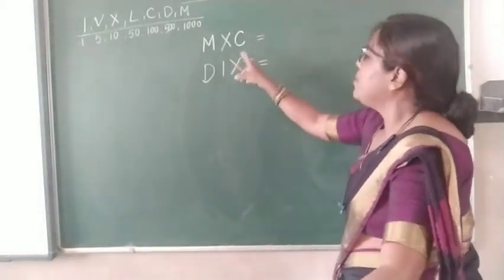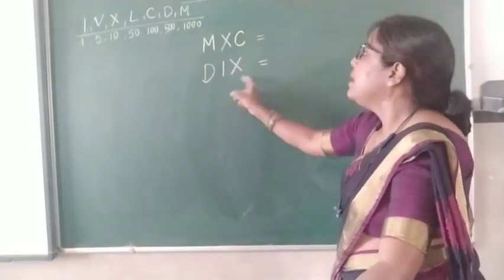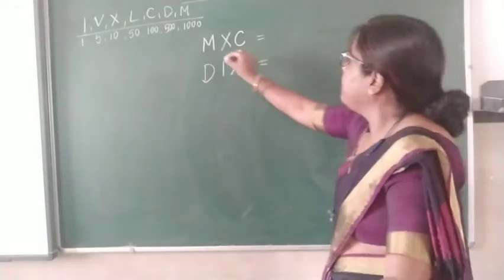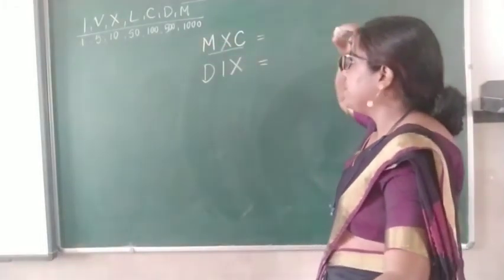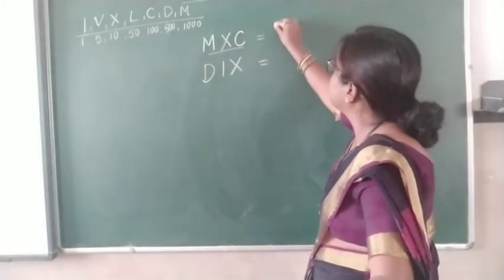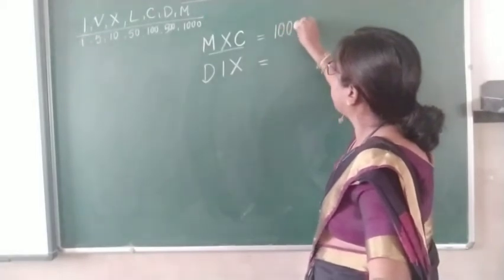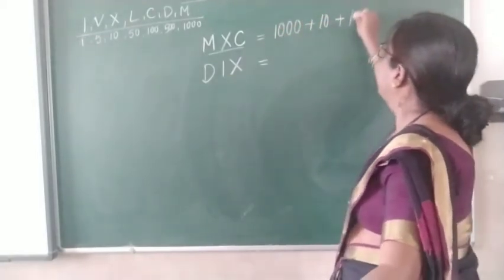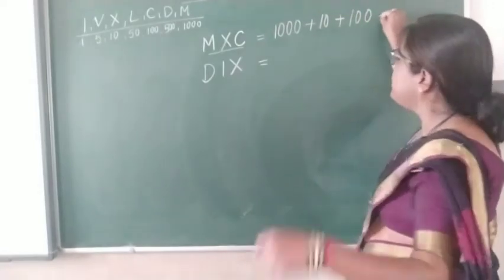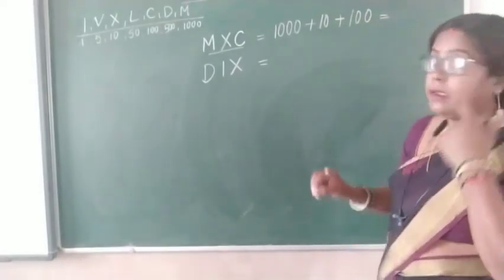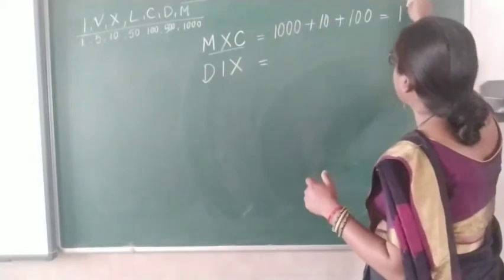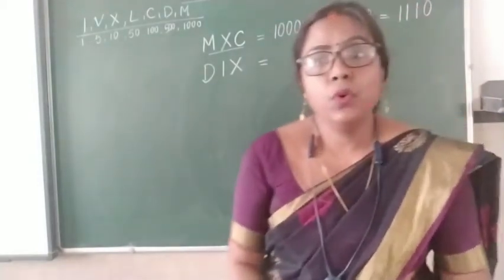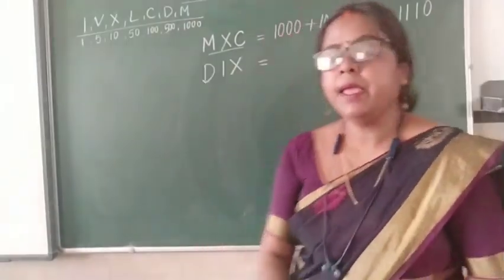Here are two Roman numerals. We have to write the Hindu Arabic number for this. M stands for 1000, X stands for 10 and C stands for 100. So what will be the number? 1110? No. Why?